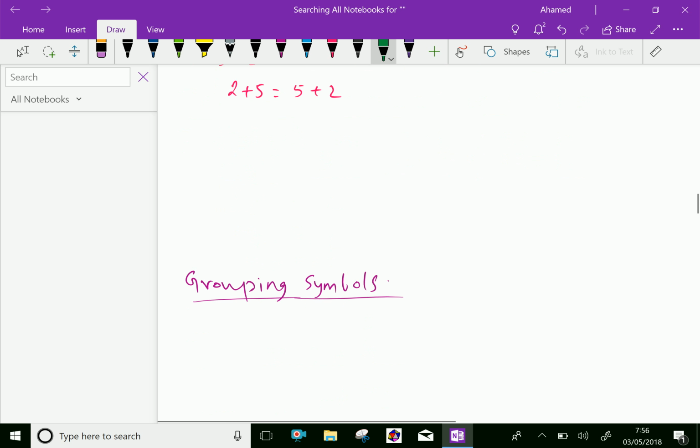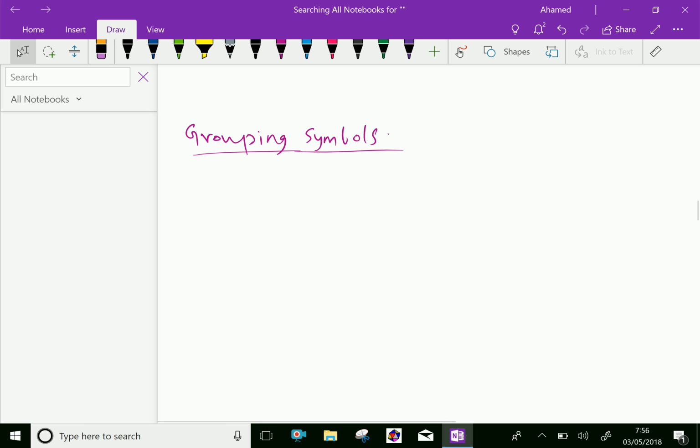Now next one, grouping symbols. Look here, suppose we take 3 numbers, 4 plus 3 plus 7.